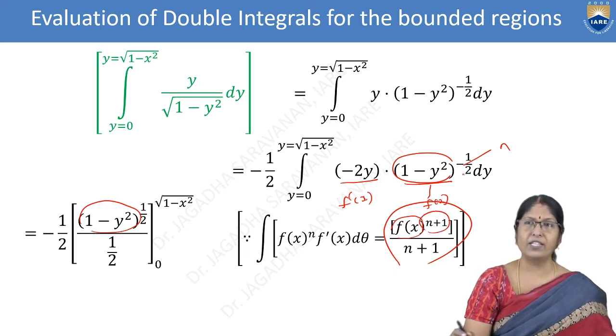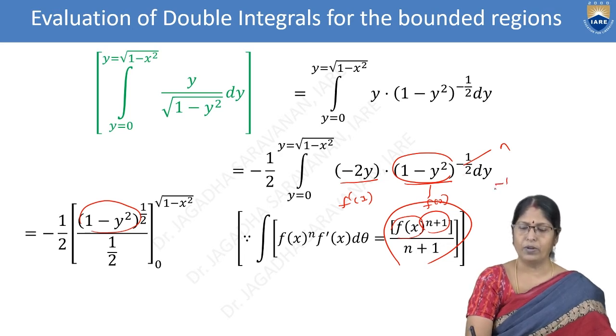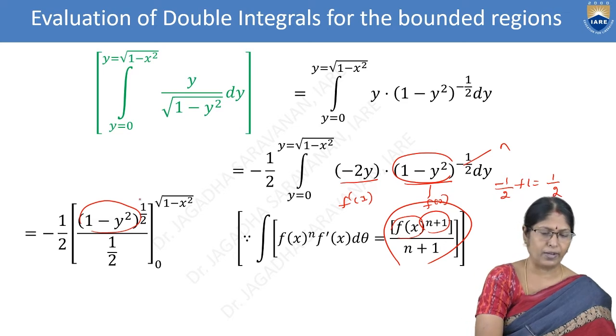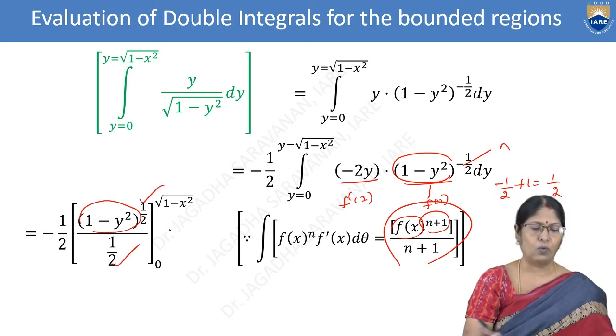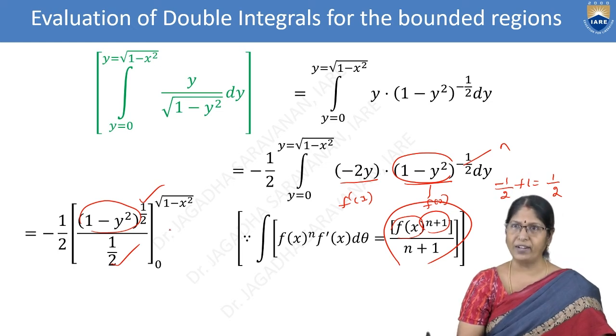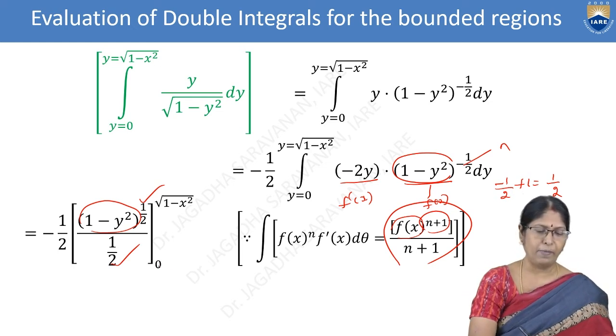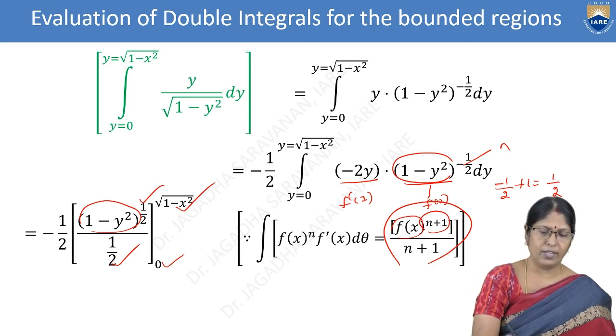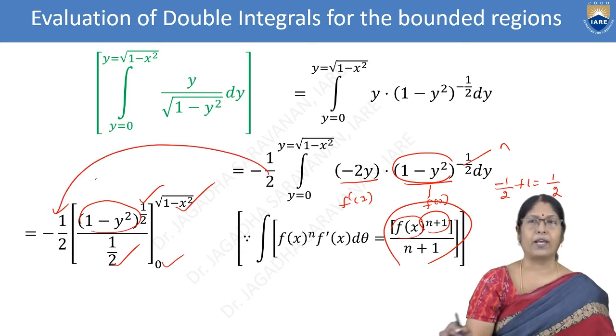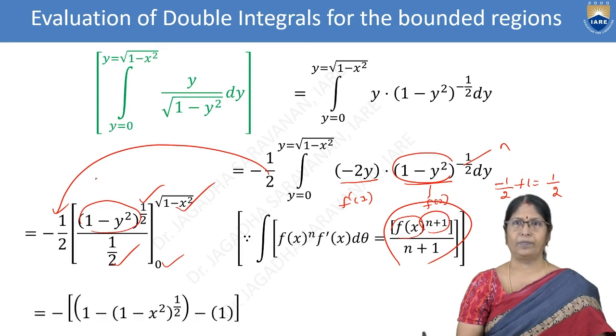We have n as minus 1 by 2, plus 1, it's nothing but 1 by 2. It is divided by n plus 1, here also 1 by 2. We integrated, and the lower limit is 0 and the upper limit is square root of 1 minus x square. This minus 1 by 2 is kept as it is.